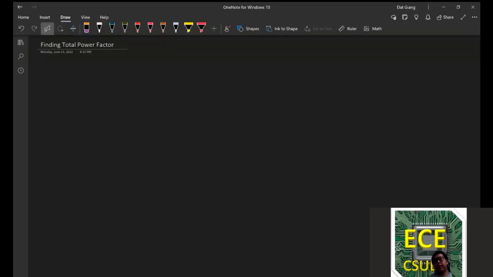Okay, to wrap up circuit analysis, we talk about our last topic, finding total power factor. First, there's a few things we have to keep in mind.